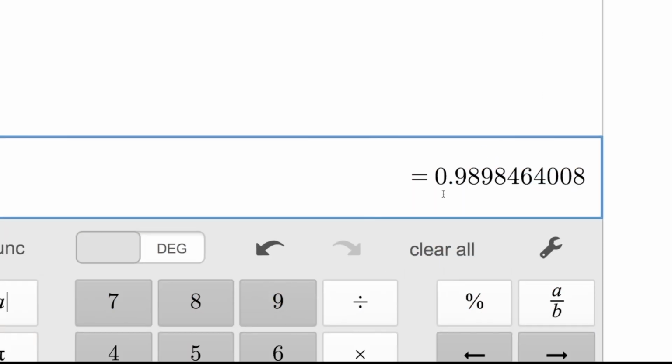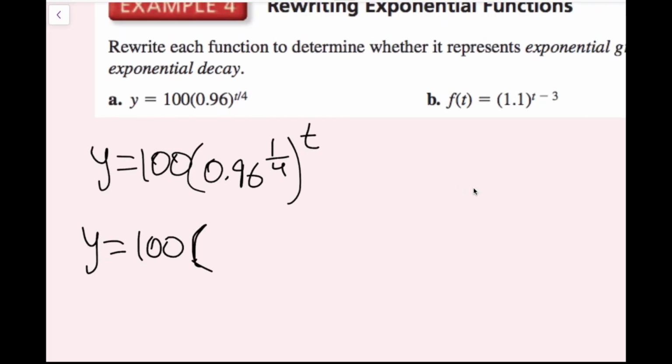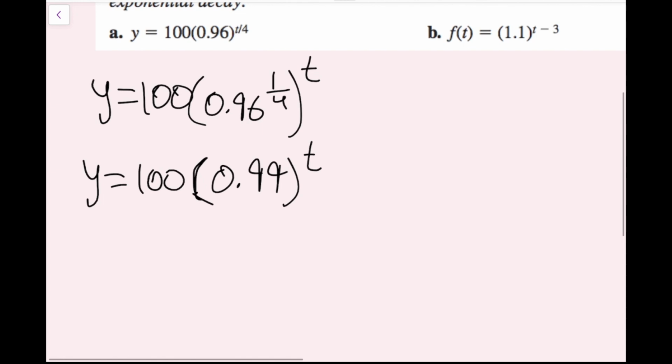Okay, and I get 0.9898 and so on. So I'm just going to round this to, let's say, 0.99. Okay, this is about 0.99 to the power of t. Okay, so even after I've calculated this, I know that this number is still in between 0 and 1. So this is going to be exponential decay. So I'm just going to write decay here.